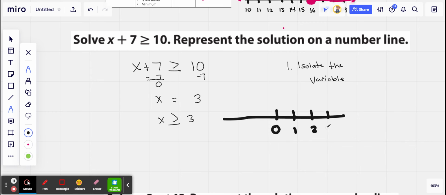Let me draw a little bit further here, and then we'll do 4, 5, and 6. X is greater than or equal to 3, so that means 3 is going to be a closed circle, and then our arrow will go to the right.